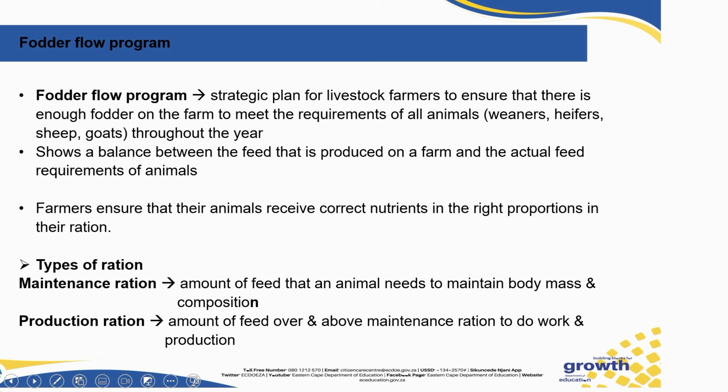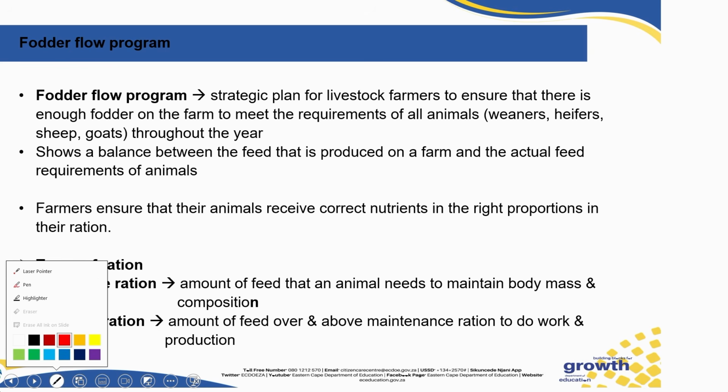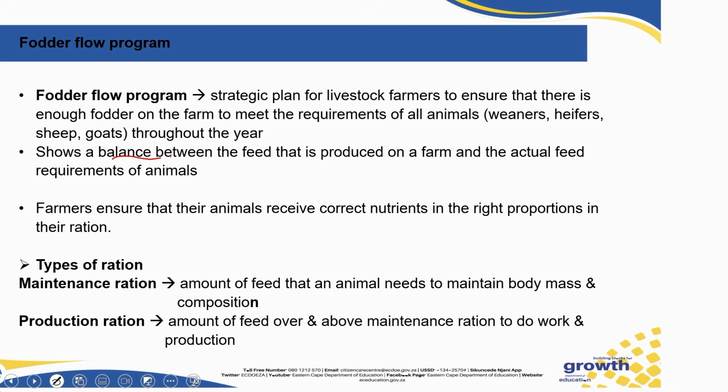So this fodder flow program shows a balance between the feed that is produced on the farm and the actual feed that is required by farm animals. A balanced feed, and the feed that needs to be available, or the required feed for animals throughout the year.